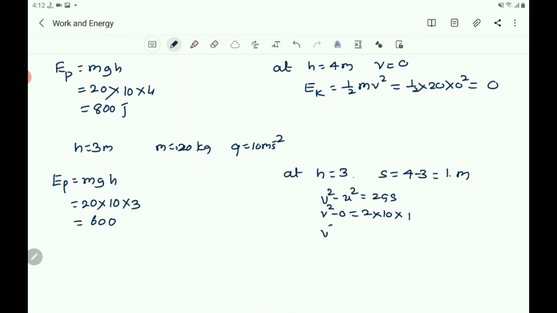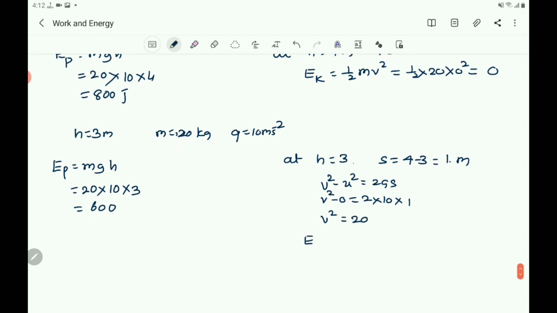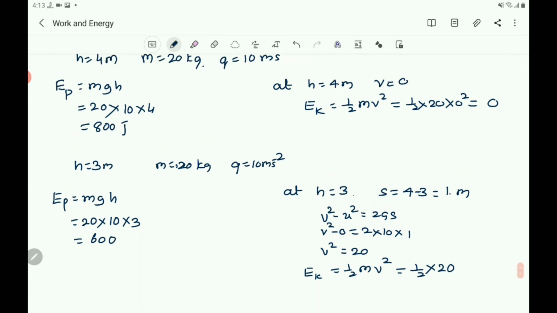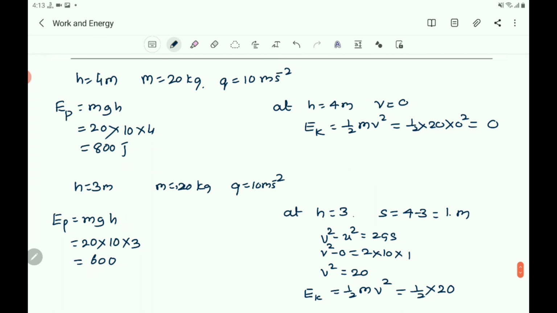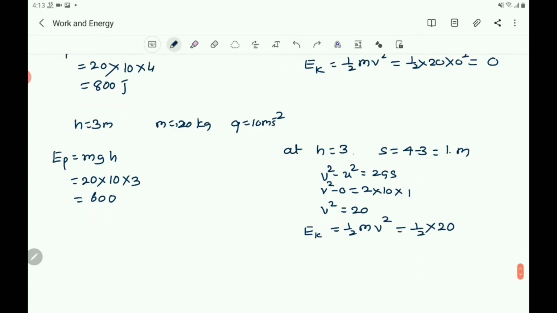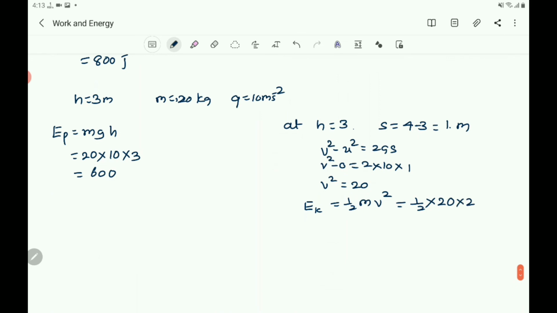Then v square is equal to 20. So Ek equals half m v square, that is half into 20 into 20, you will get 200 joules.